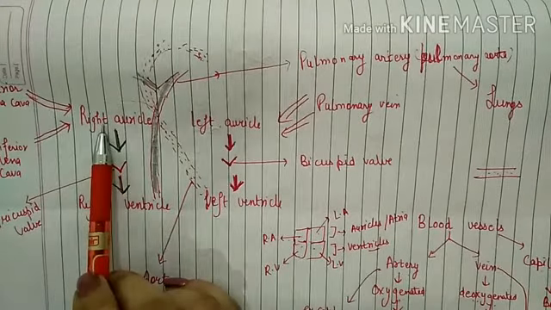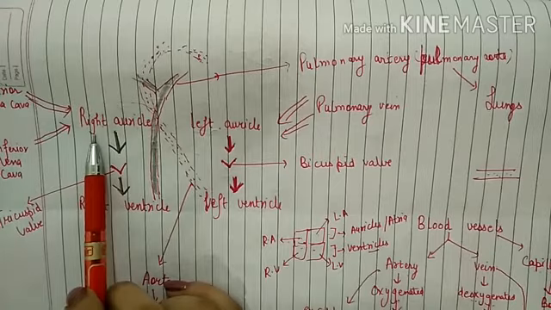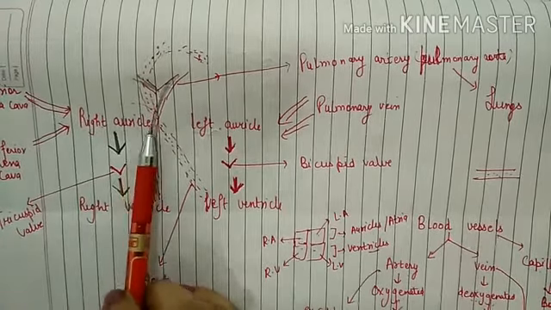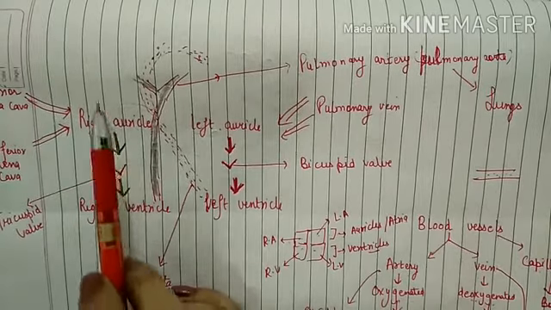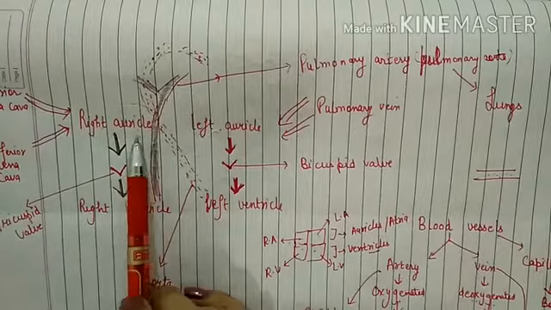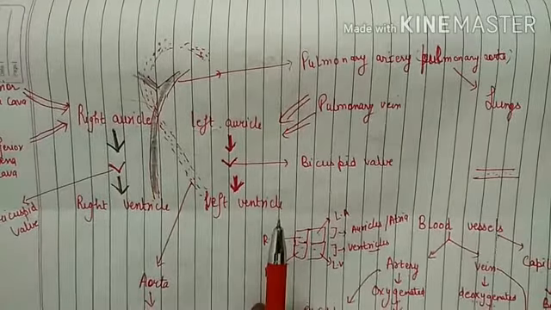The right auricle, being the receiving chamber, will receive the blood, and the question arises from where this right auricle will receive the blood. The right auricle will receive the blood from the upper body and lower body parts. So the blood vessel which will carry the blood into the right auricle is named vena cava.